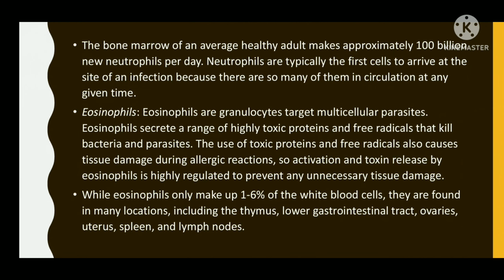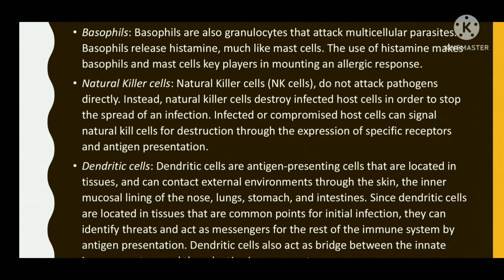So these are granulocytes that target multicellular parasites. They release toxic proteins that kill or damage the unnecessary tissue or cells. Basophils are also granulocytes, similar to the eosinophils and mast cells.